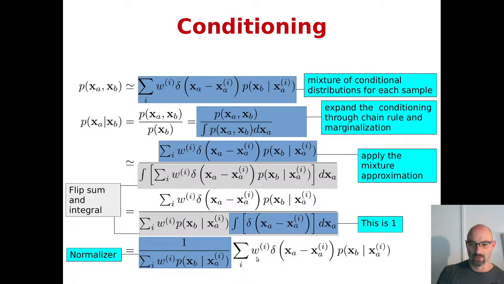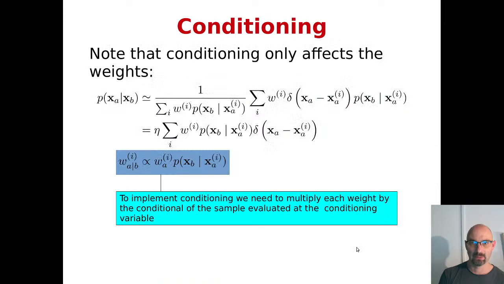Now, what do we do with this density over here? Well, this density over here is just the response to our query. I remind you that we do know the value of xb. And since we know the value of xb, this p of xb given xa is nothing else than a number.